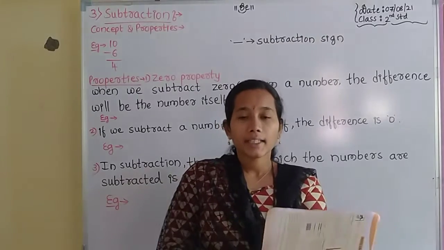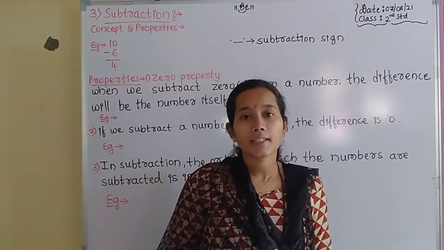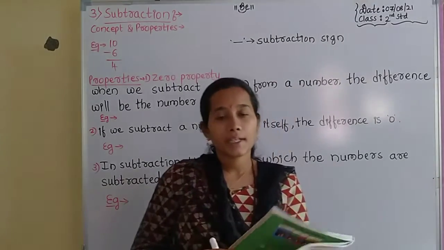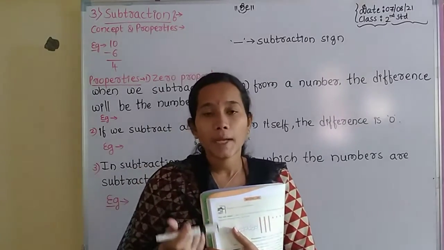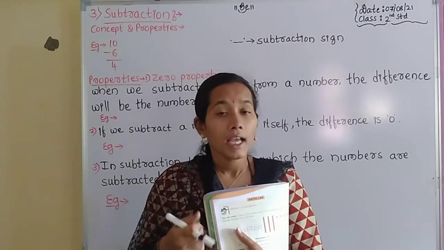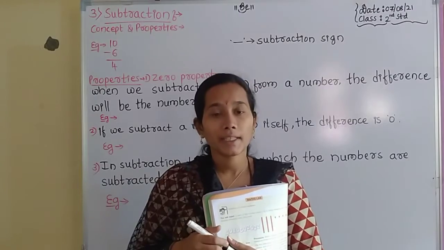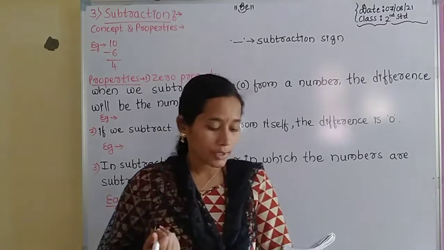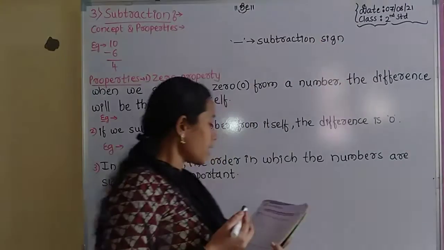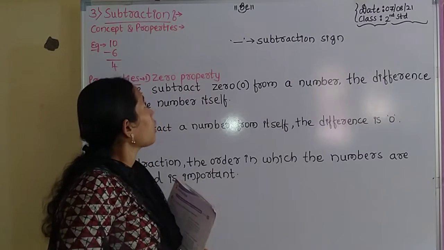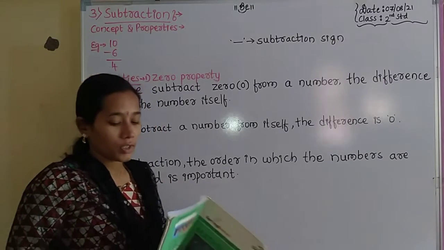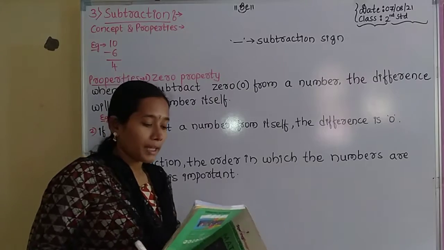And today we start the new chapter, the third one, subtraction. In subtraction also there are a concept, terms, and properties, and different types of subtraction methods. So we continue with that subject. See here, subtraction concept and the properties. We study first the concept and the properties.